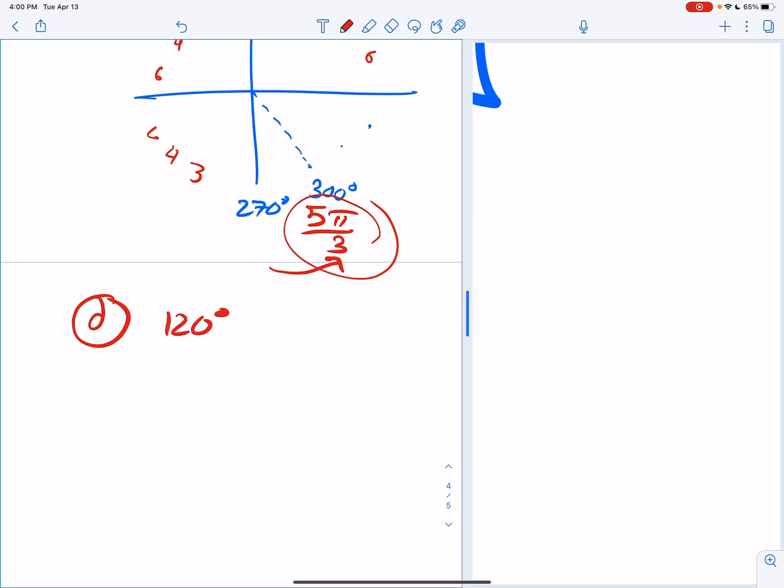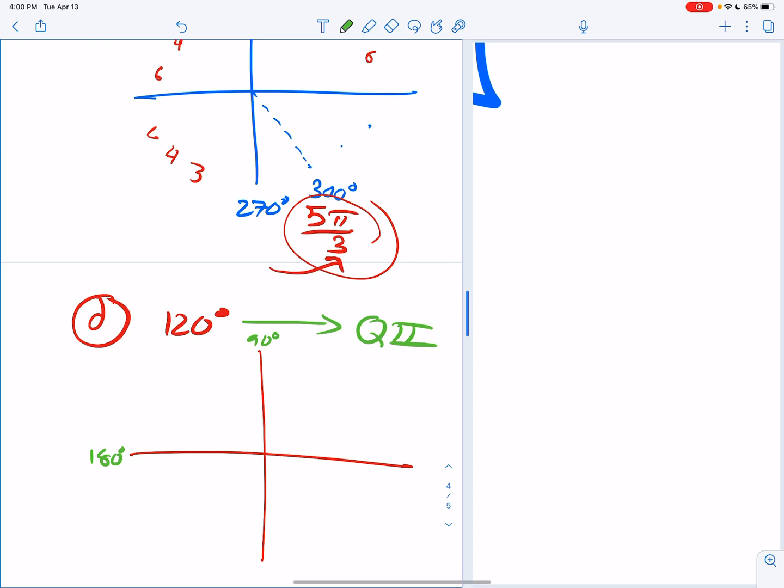120 degrees. Okay, think about where you are and what the radian measure is, okay? Press play when you're ready. Okay, at the very least, 120 you should know is somewhere between 90 and 180, okay? So you know we're in quadrant 2, okay? So there are always 3 points in every quadrant. 120 is definitely closer to 90 than it is 180.